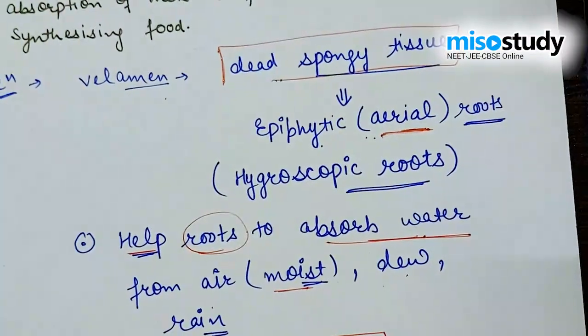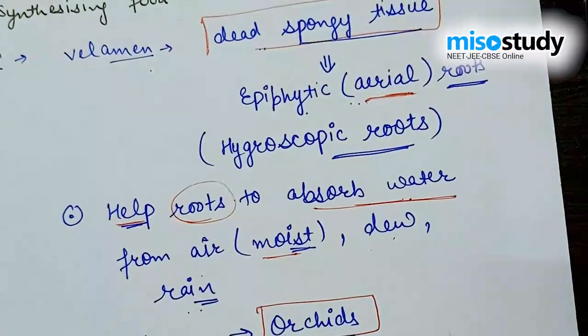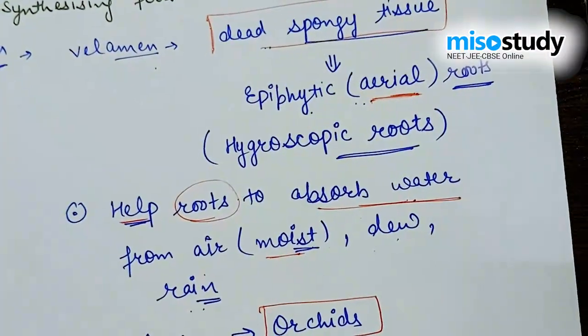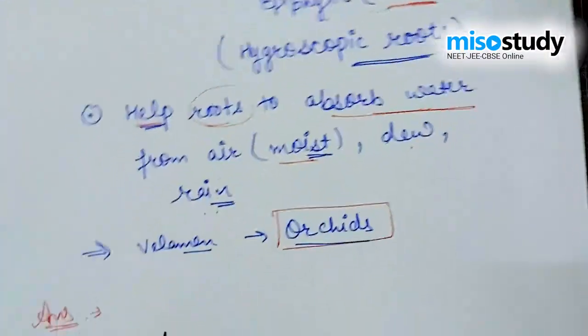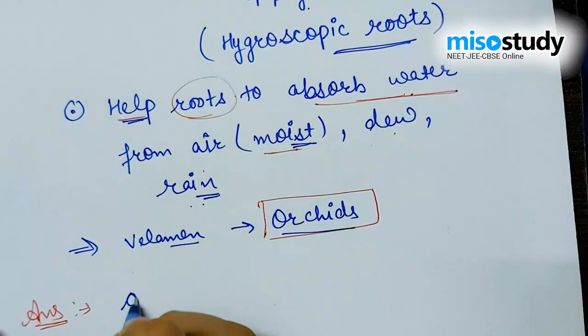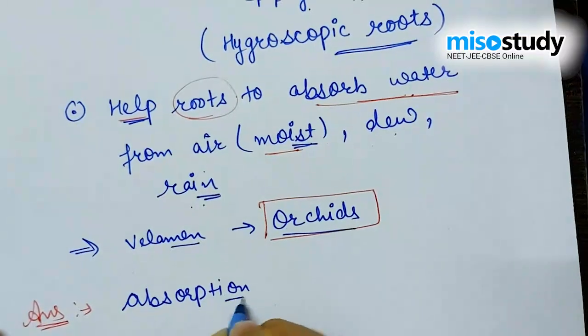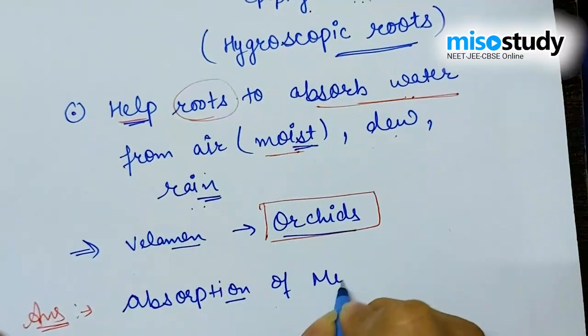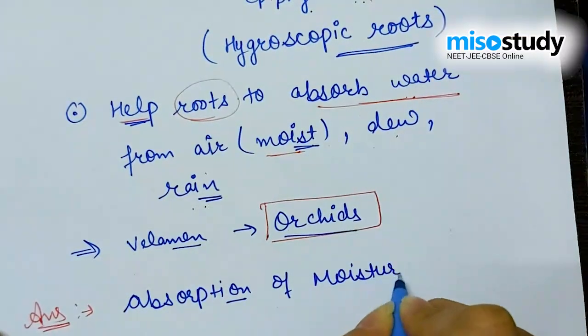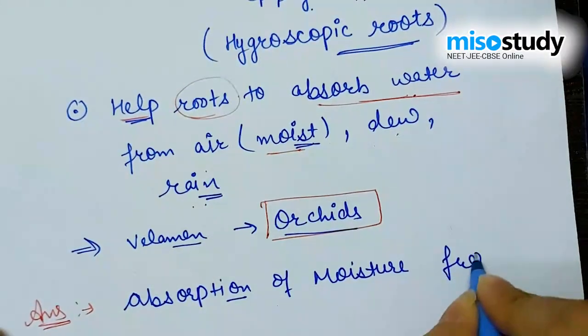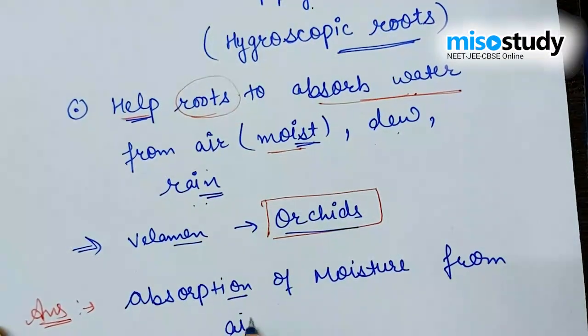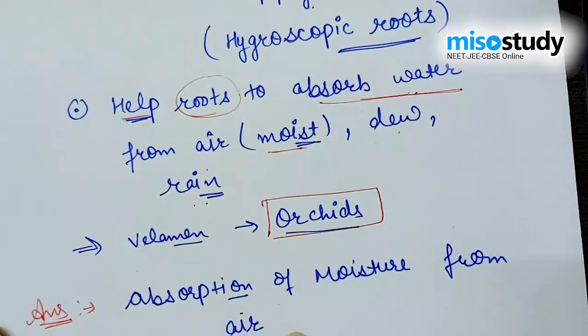So when we discuss the various perspectives about the velamen, we get to know that velamen always helps in absorption of moisture from air. So this is the right answer.